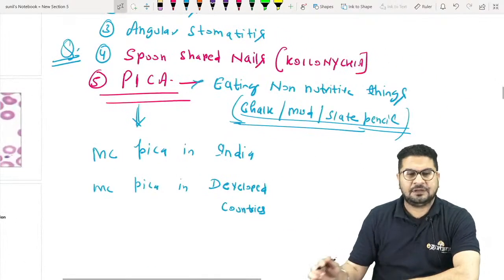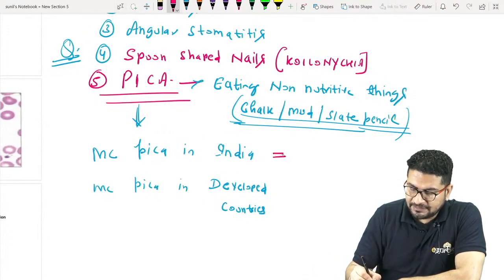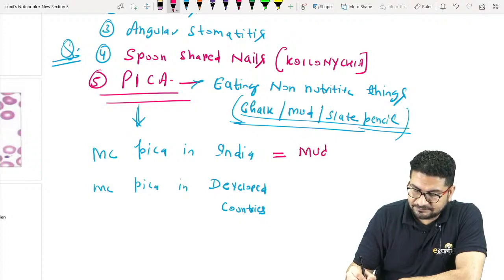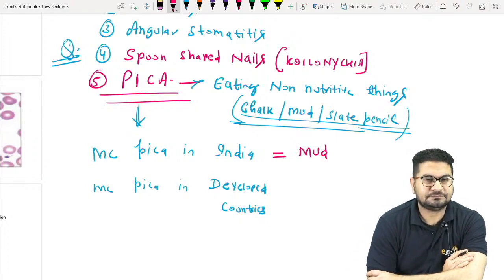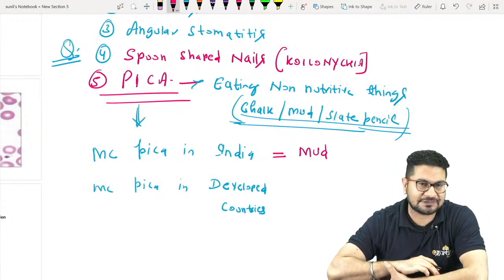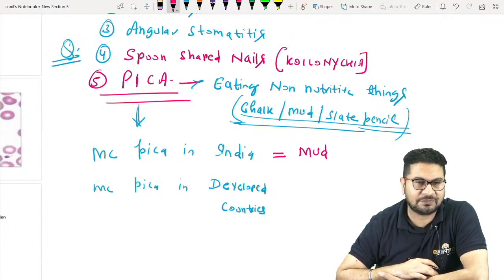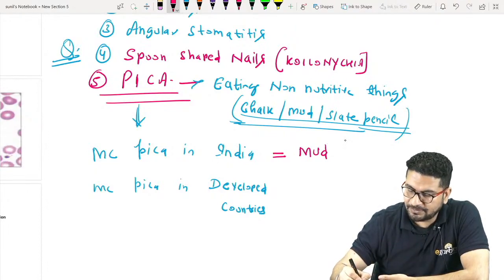See, in India it is hot and there is more mud. So most common pica is person will eat mud. People eat mud, right? Like I have a niece, my sister's daughter. She is just 3 years old, but she eats a lot of mud. So most common pica is mud.